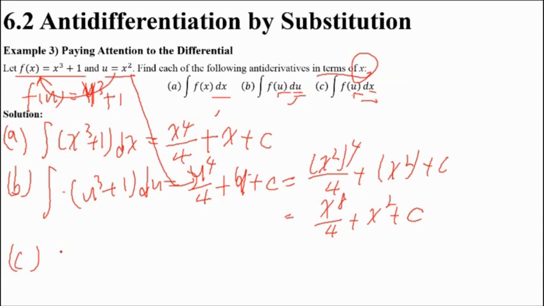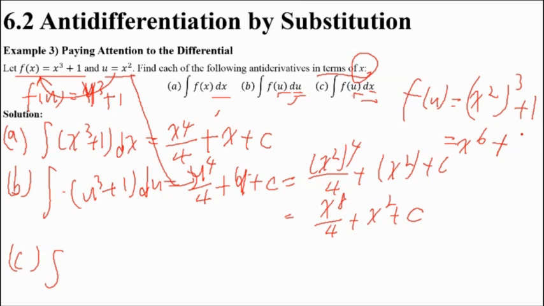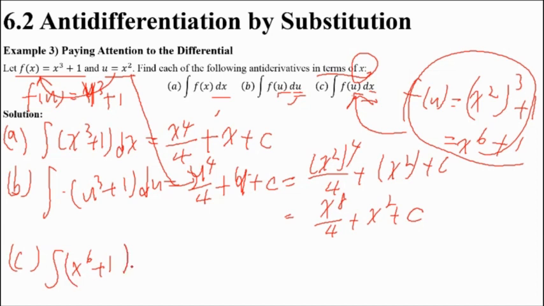So integral of f(u) means x squared cubed plus 1, which means x to the sixth plus 1. That is plugged in here, right? So integral of x to the sixth plus 1 dx, which means x to the seventh over 7 plus x plus c.